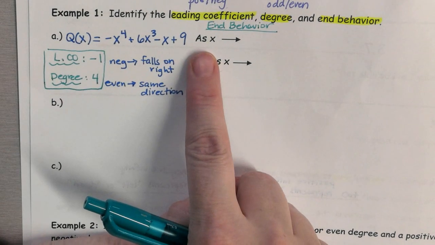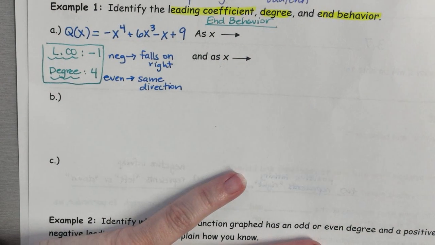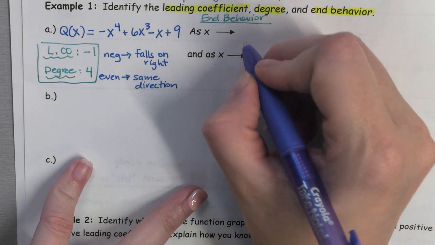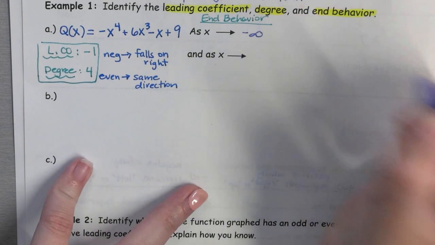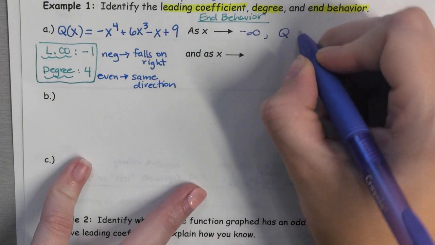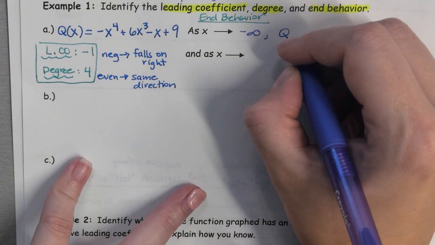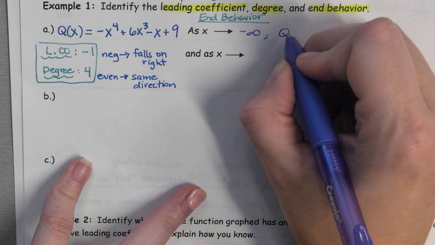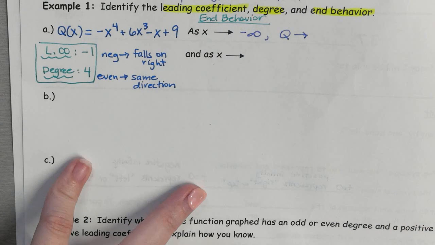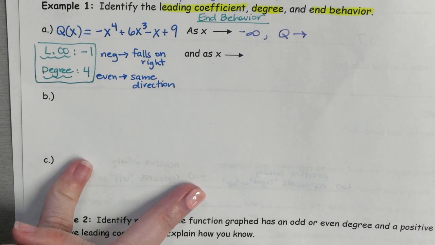Remember I told you how this was going to start? This is as x goes to negative infinity, and you can say q of x, or sometimes they even just say a capital Q. When you're checking that, I want you to know the different ways it can be written.